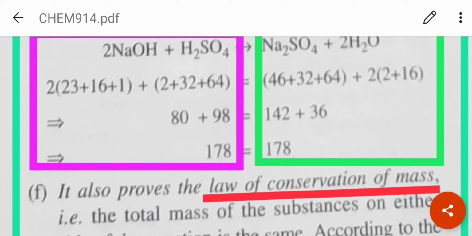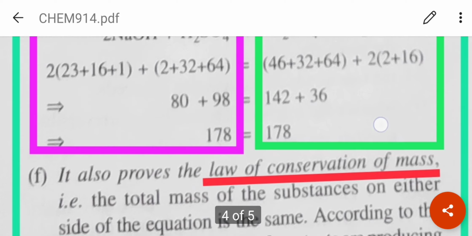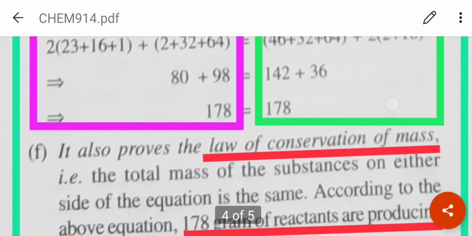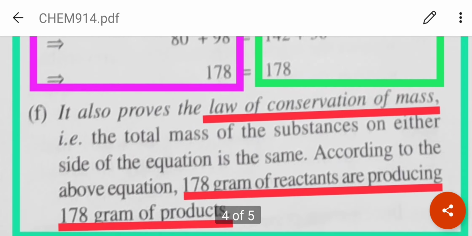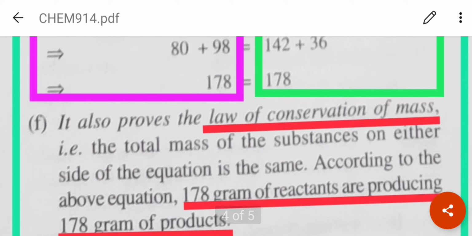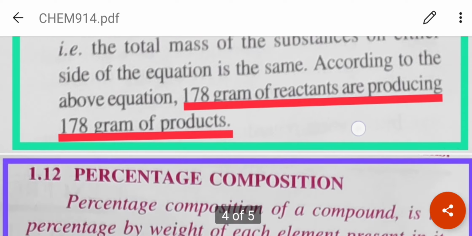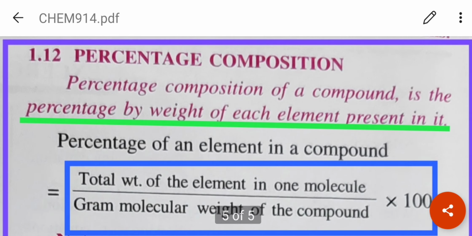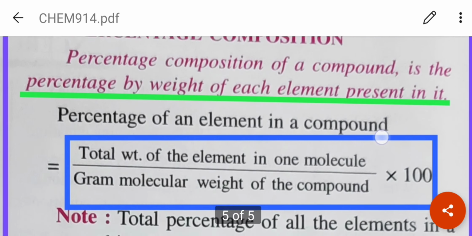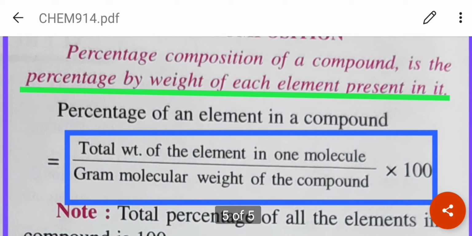How? Because the total mass of the substances on either side of the equation is the same. 178 grams of the reactants are producing 178 grams of products. Next topic is percentage composition. Percentage composition of a compound is the percentage by weight of each element present in it.